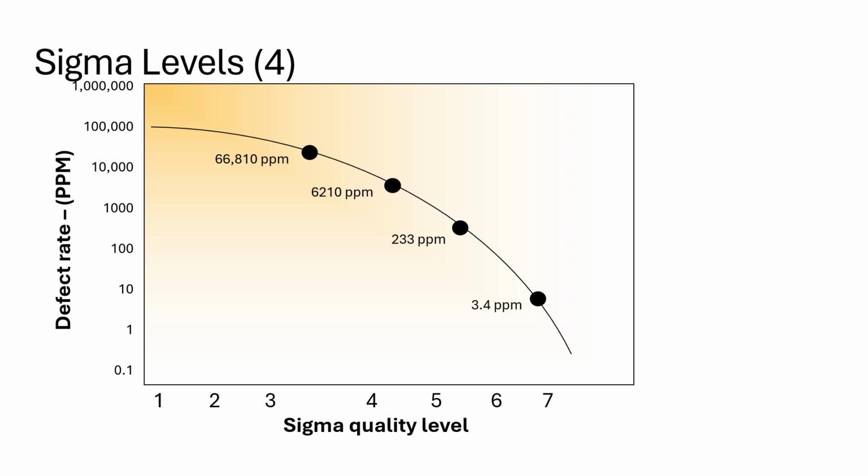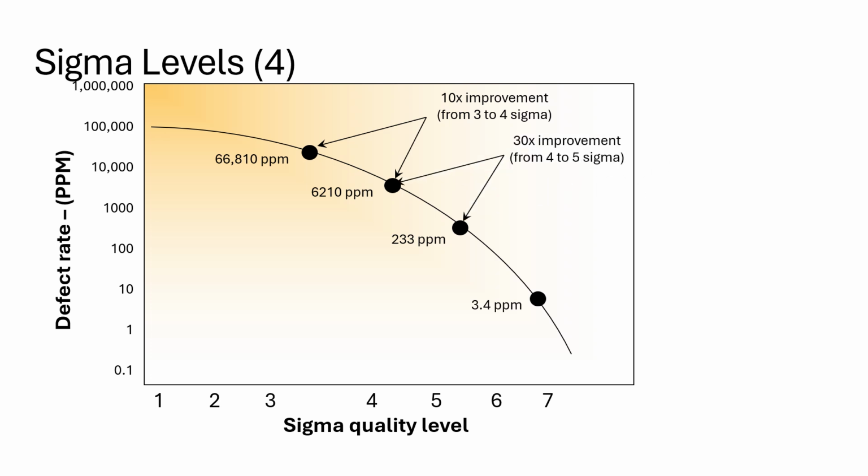You want to operate at a 1, 2, 3 level, 4 level, or closer to the 6th level? Definitely the 6th level. As you can see, there's a 10 times improvement from a 3 to 4 sigma. And there's a 30 times improvement from 4 to 5 sigma. And whoa, there's a 70 times improvement from a 5 to 6 sigma.